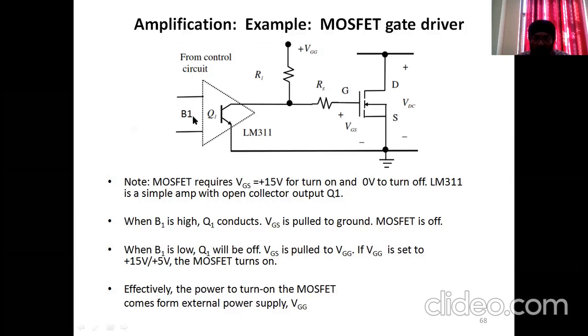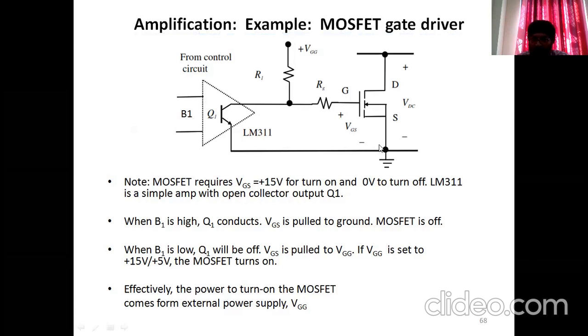Now when B1 is connected to low, this Q1 switch is off. And when the Q1 switch is off, this VGS is connected directly to the 15 volts over here, because this one is off. So this is pulled high. If this is pulled high, we have 15 volts across VGS.